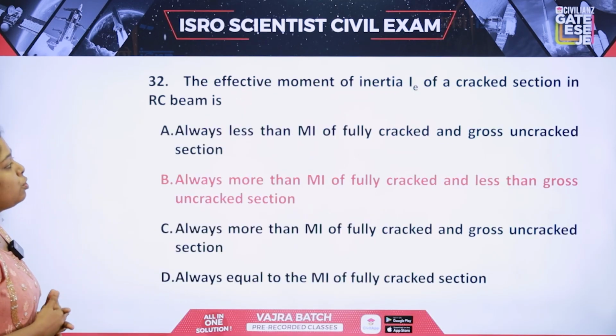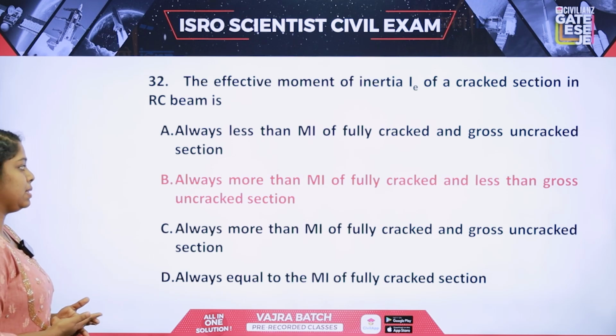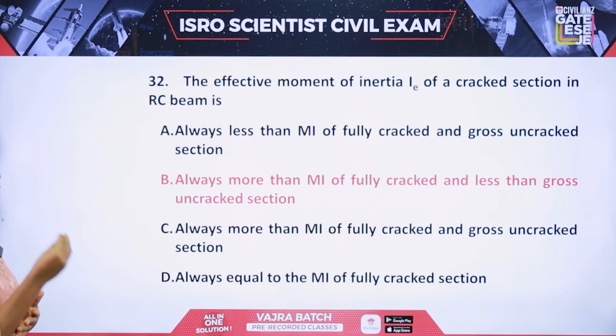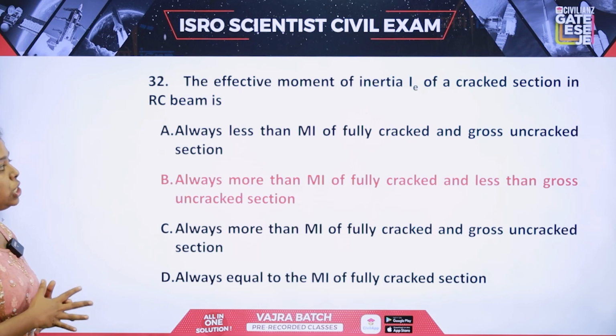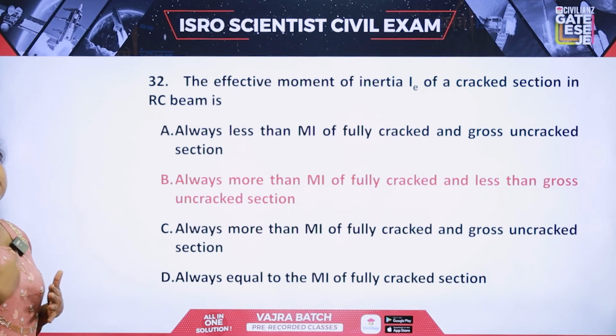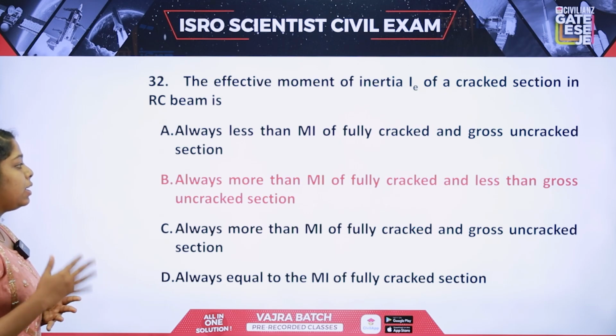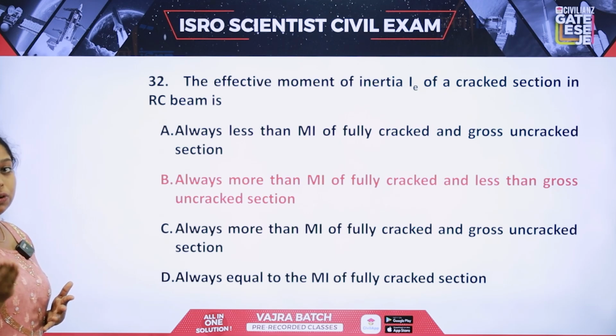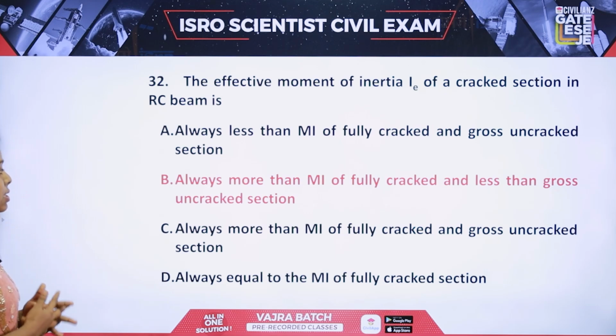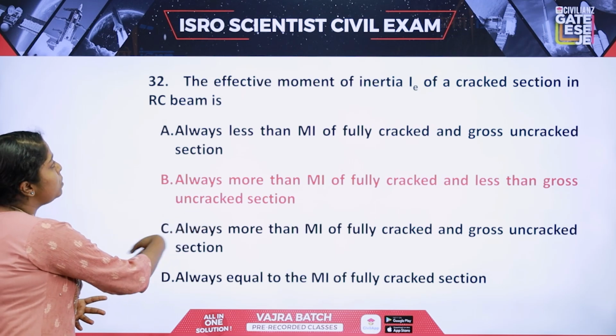The effective moment of inertia Ie of a cracked section in an RC beam is always greater than the moment of inertia of a fully cracked section, and it is always less than the moment of inertia of a gross uncracked section. This is a simple question and the answer is option B.